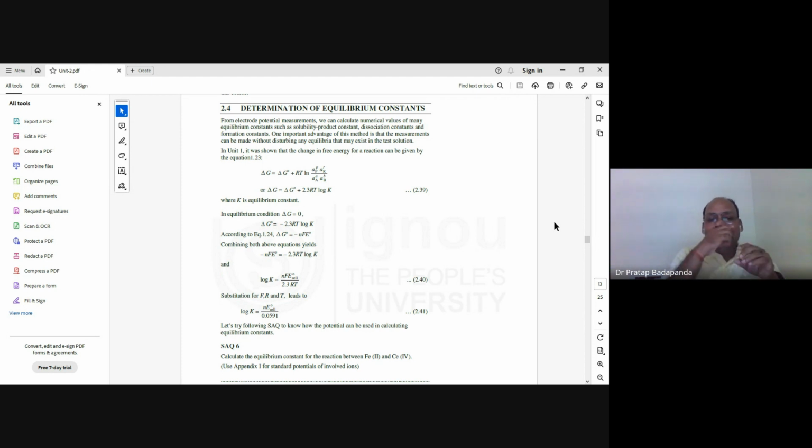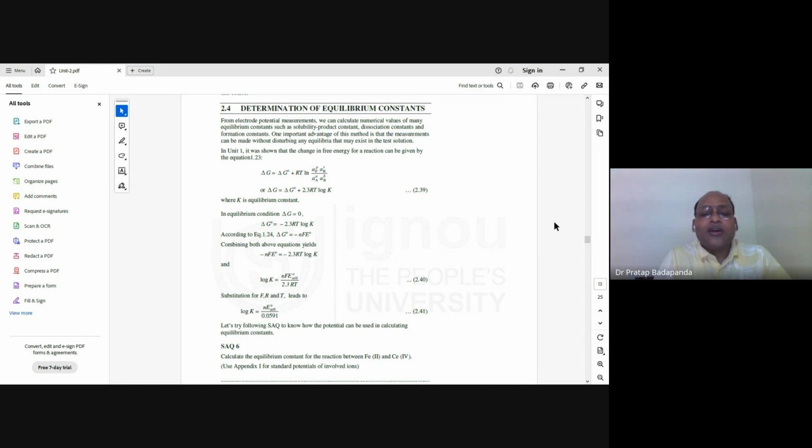Substitute the values of F, R and T. F is a constant, 96500 volt coulomb, R is 8.314, and T is 298 Kelvin. If you calculate these along with 2.303, you will get the value 0.0591.